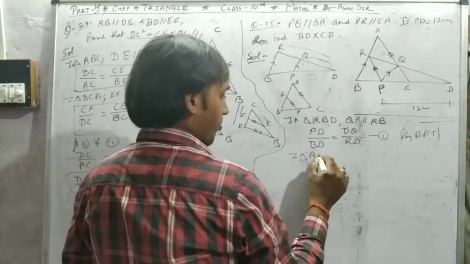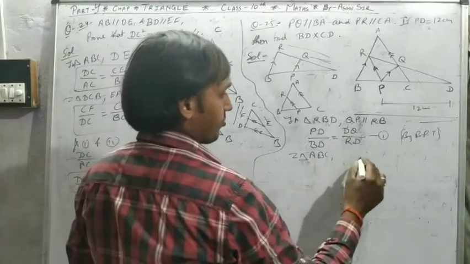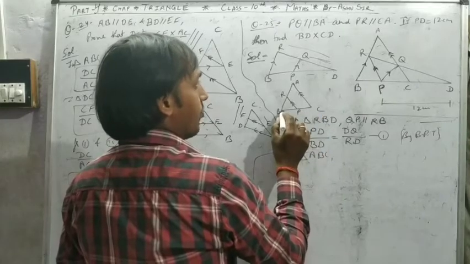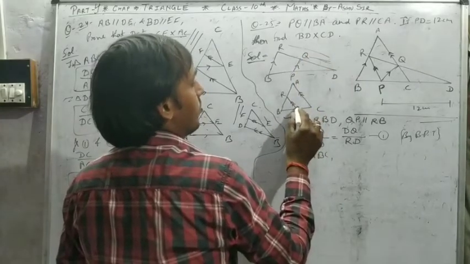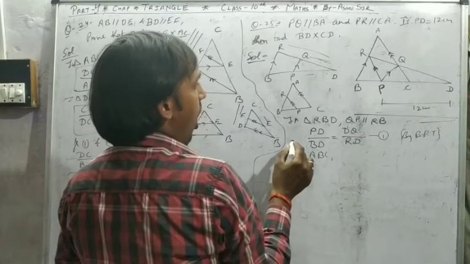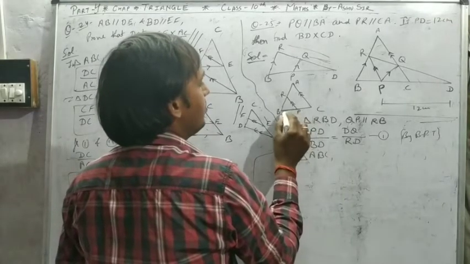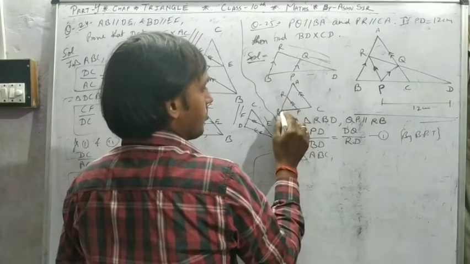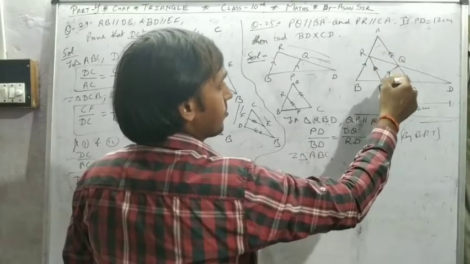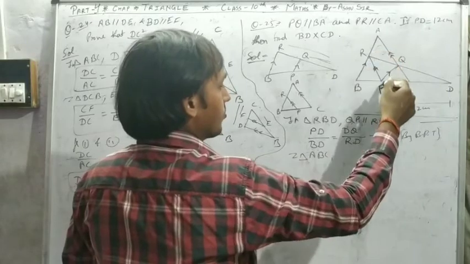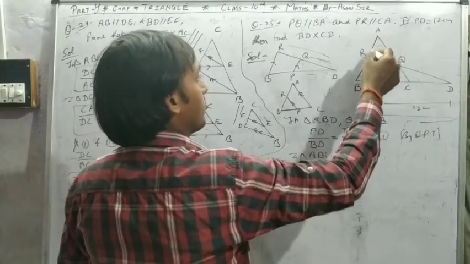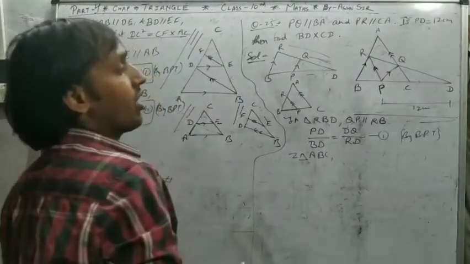Same here, ABC, here we want BD, BC. Yes, we take from the third side.